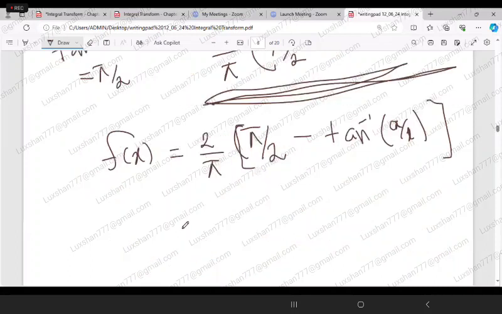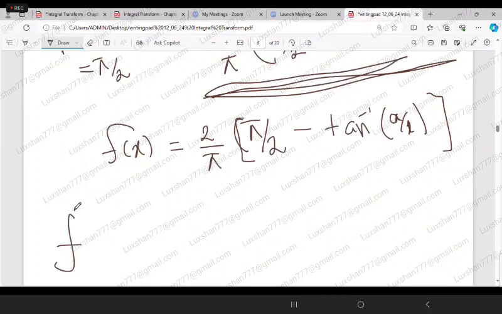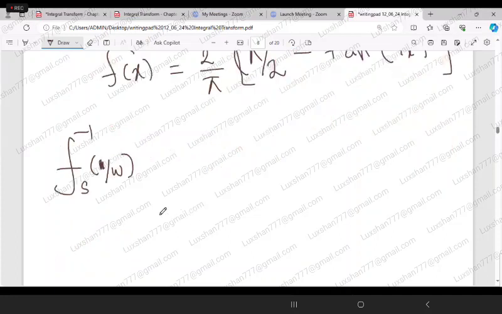Now, again, they are asking us to find this one. F inverse of s, 1 over omega into e to the power minus a omega.